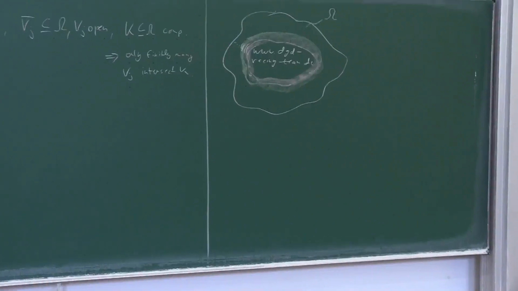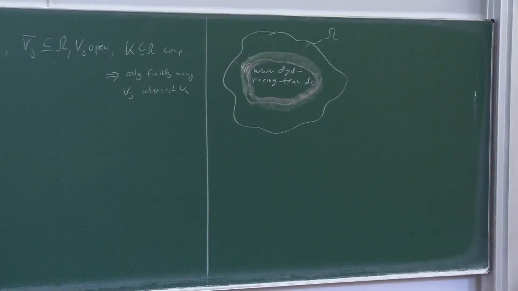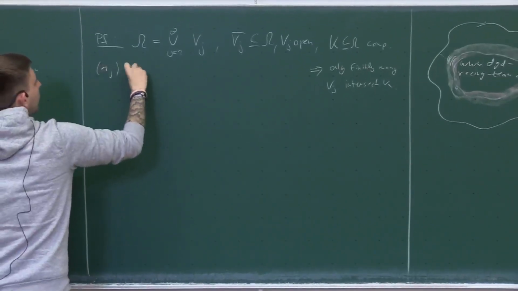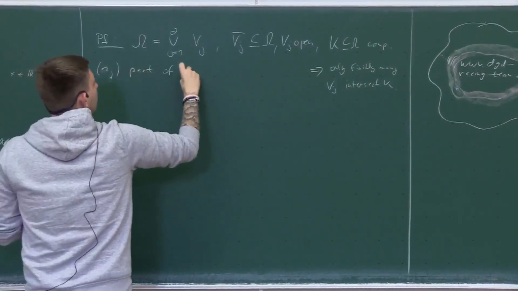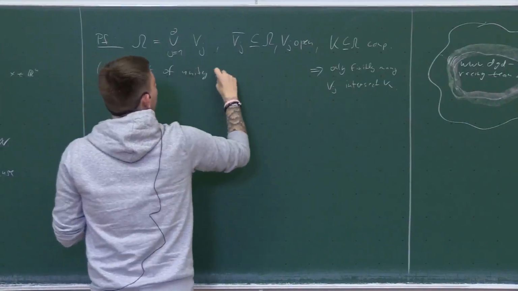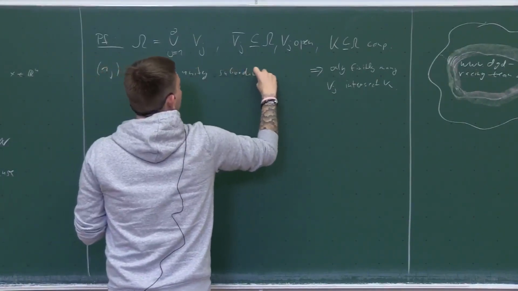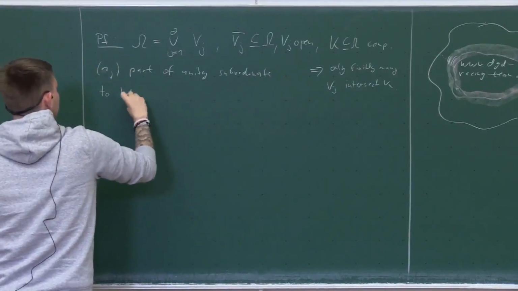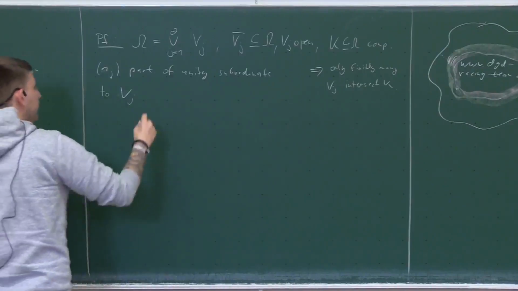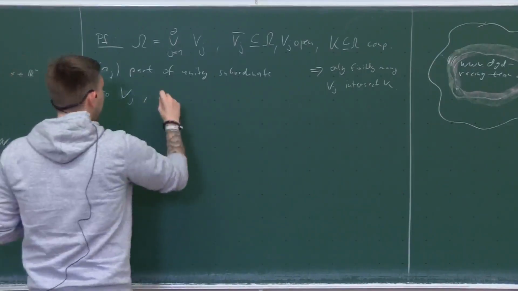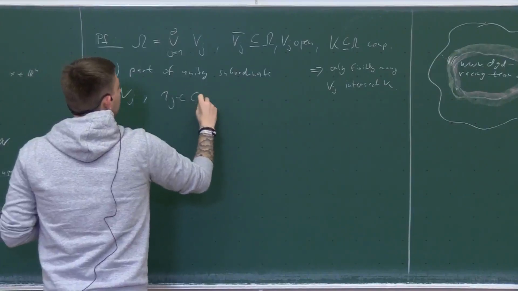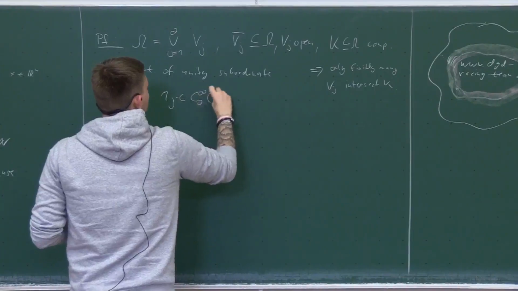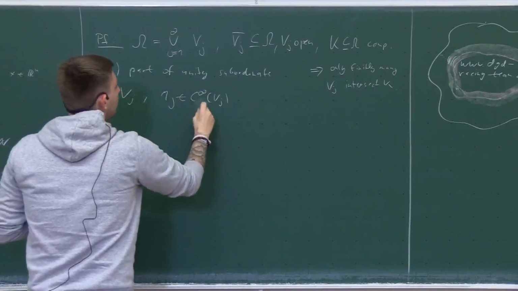And we also need, for the localization argument, the partition of unity. So let's take eta j, the partition of unity subordinate to Vj. So what does this mean? We have that each eta j is a smooth and compactly supported function on Vj.